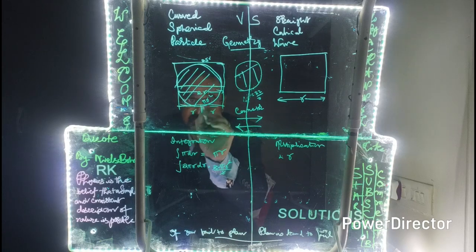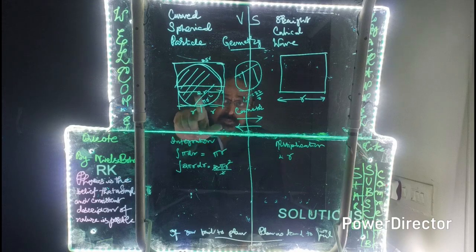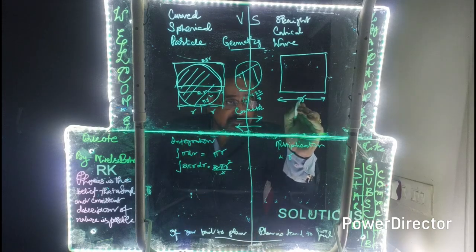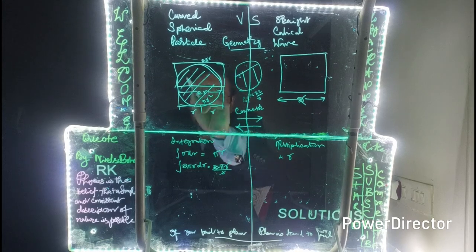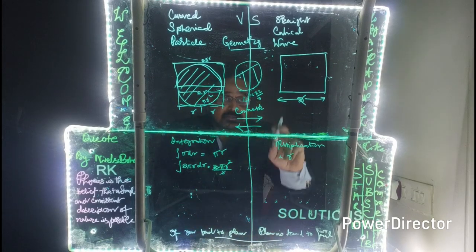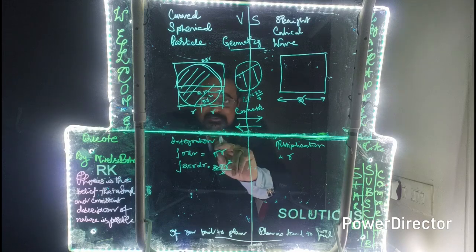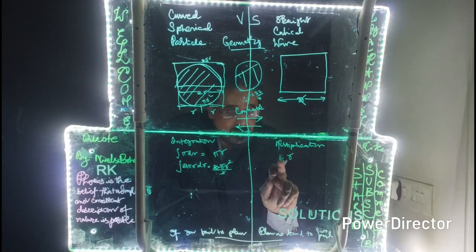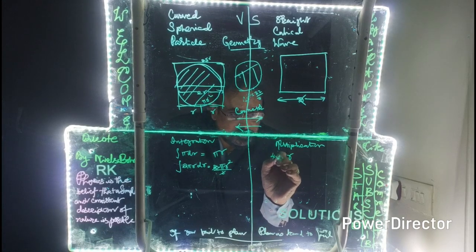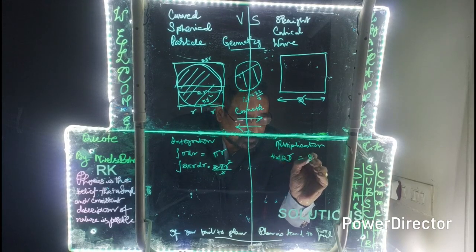This is r, this is r, so this will be 2r, so the side should also be 2r, because we are taking a circumscribed square, not an inscribed square. So the circumscribed square will have 2r as the length. So 4 into 2r equals 8r.